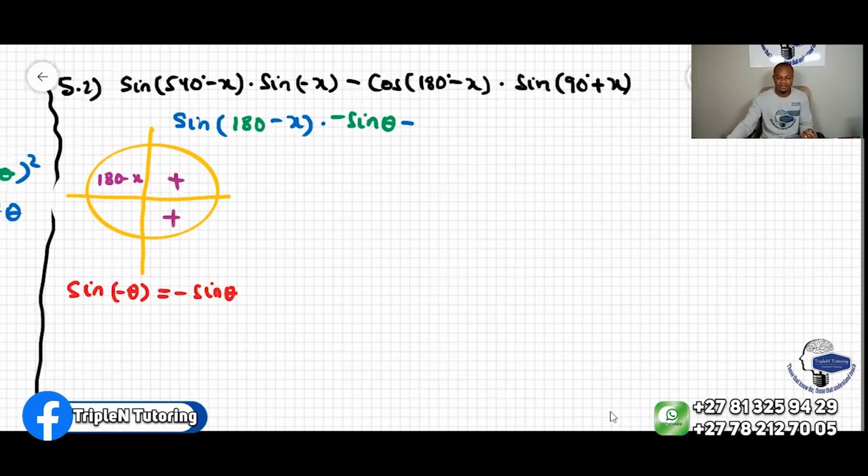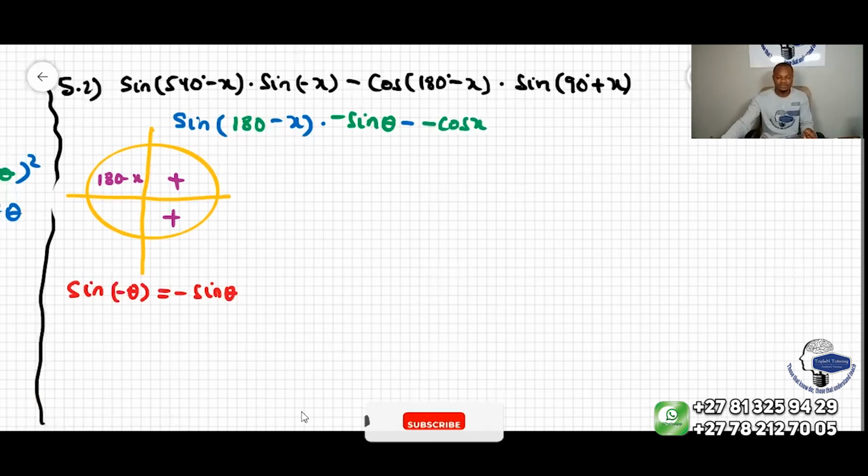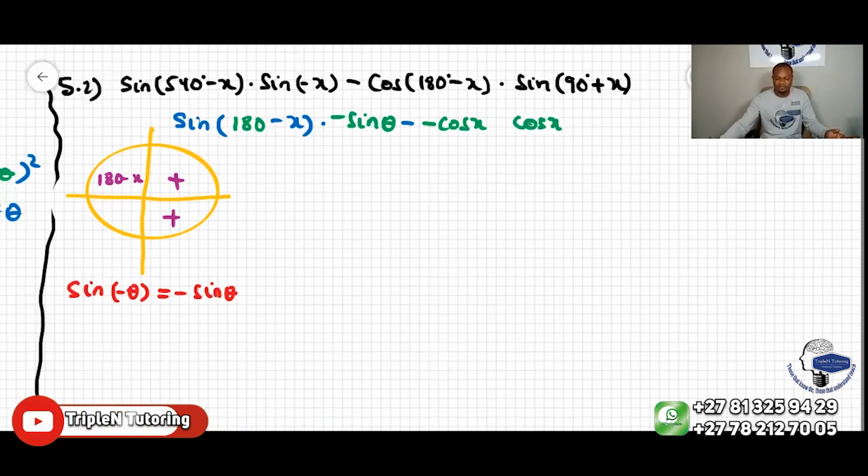Over here it's negative, so this becomes negative cos x. And then sine of 90 plus x can be reduced to cos of x, so times cos of x there.